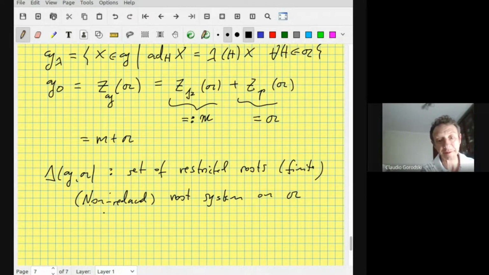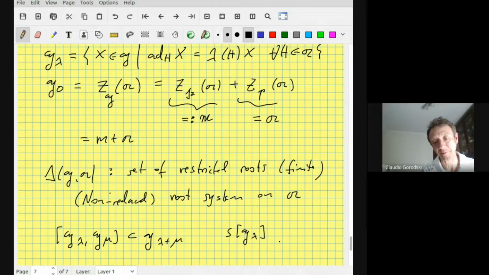In particular, we have this kind of bracket relation, right? And it is easy to check also that S maps G_lambda to G_minus_lambda. Okay.